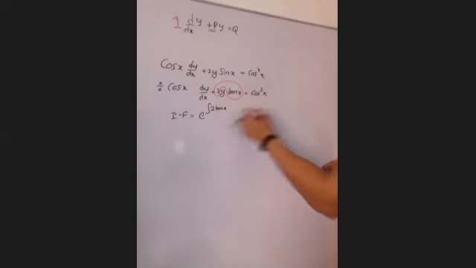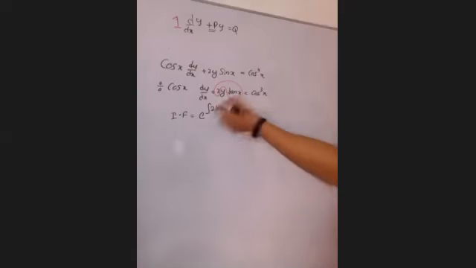Then e to the power integration of 2 tan x. If you integrate tan x, the answer is ln sec x. So we have already learned that, in the integration formats, 2 ln sec x.